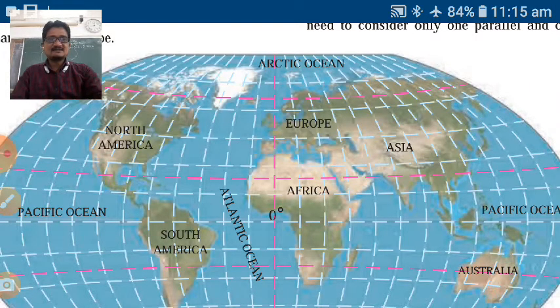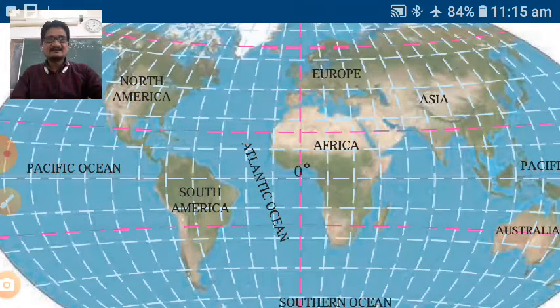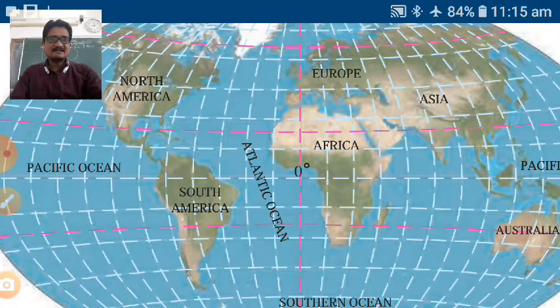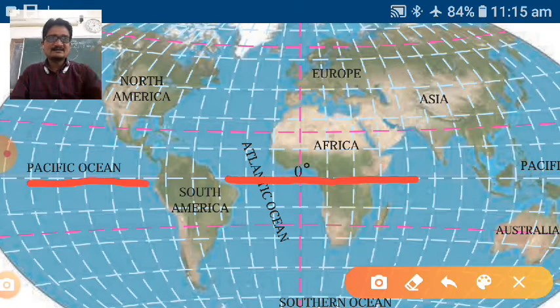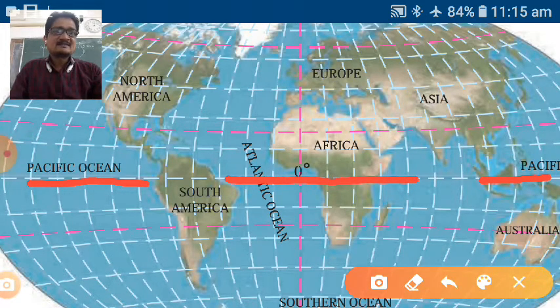Then Atlantic Ocean, and this middle line is the equator. Then the Indian Ocean is also there. This is India and this is the Indian Ocean.